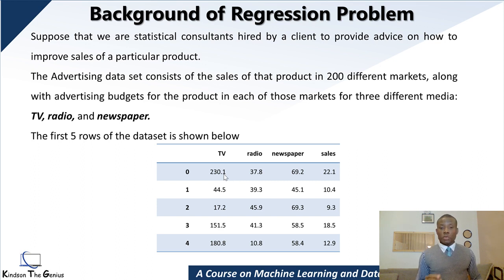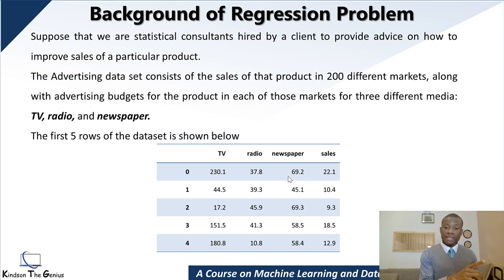So they spend $230,000 on adverts on TV. They spend $37,000 on adverts on radio, and they spend $69,200 for newspaper adverts in that year. And the sales increased by 22.1%.